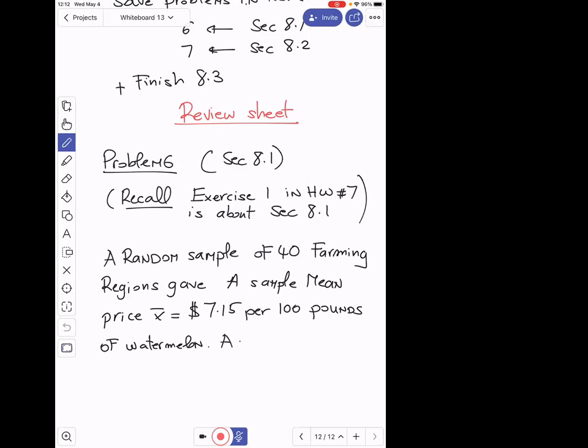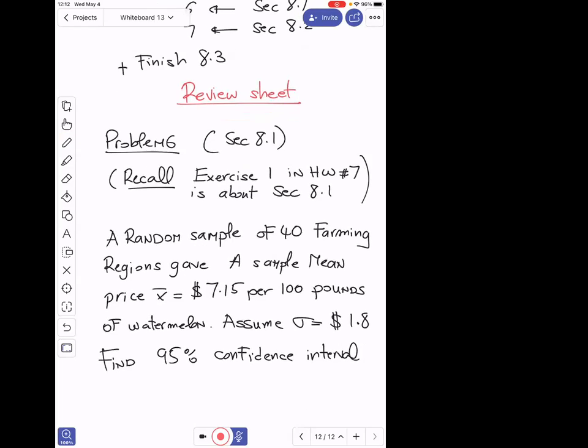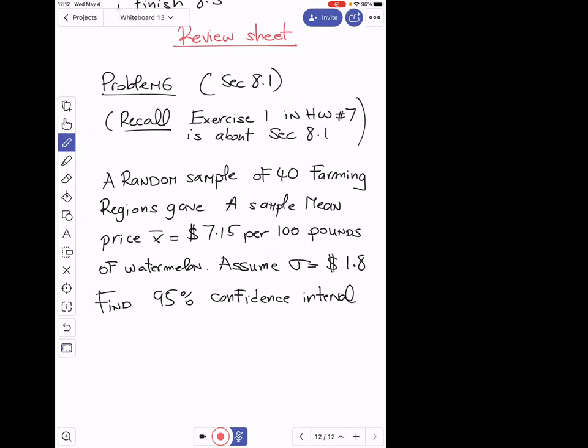You assume sigma, the population standard deviation sigma, to be equal to $1.08. Then you need to find the 95% confidence interval for the mean price mu.